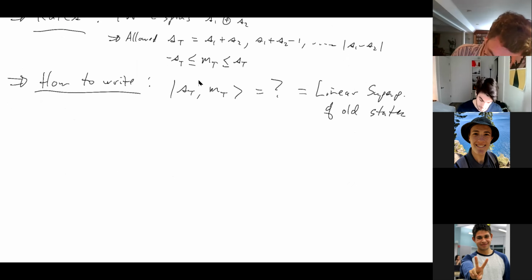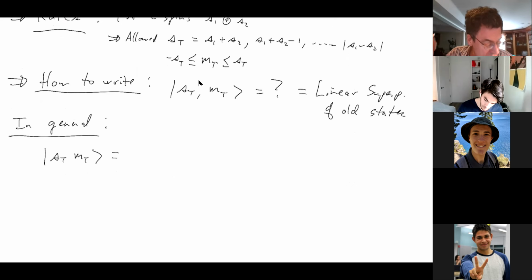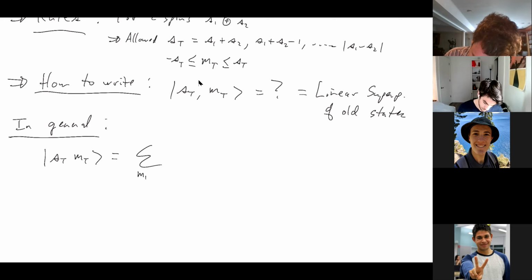In general, we can write that the total spin state can be written as a linear superposition of the old product states, so it's a sum over M1 and M2, with a coefficient, and then the old product states S1, M1, S2, M2.